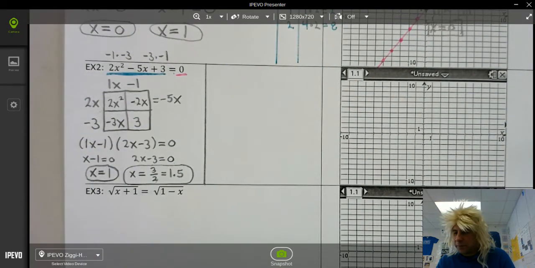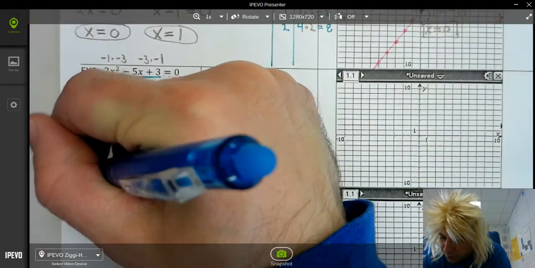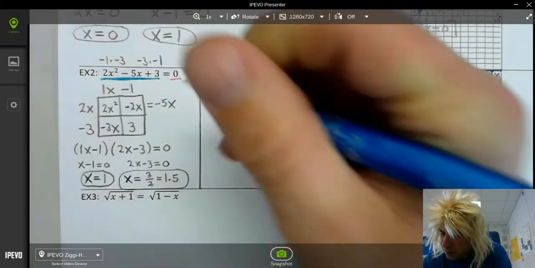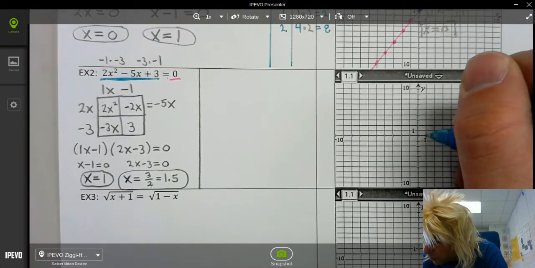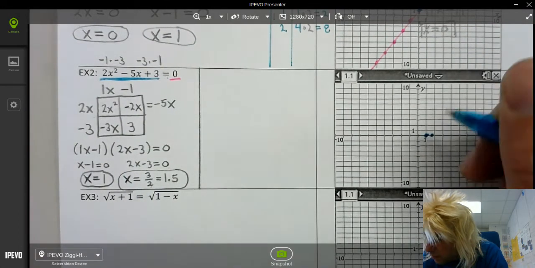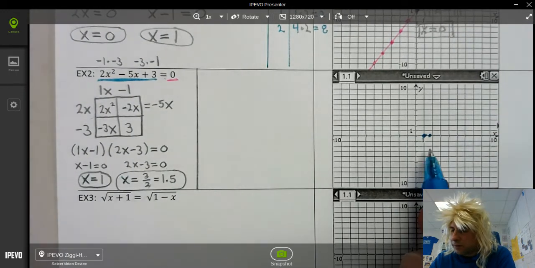All right, so we already have 2 points of this graph. We have x equals 1 and x equals 1.5 as the x-intercepts, so we know that (1, 0) and (1.5, 0) are 2 points. Now we need to find the vertex.